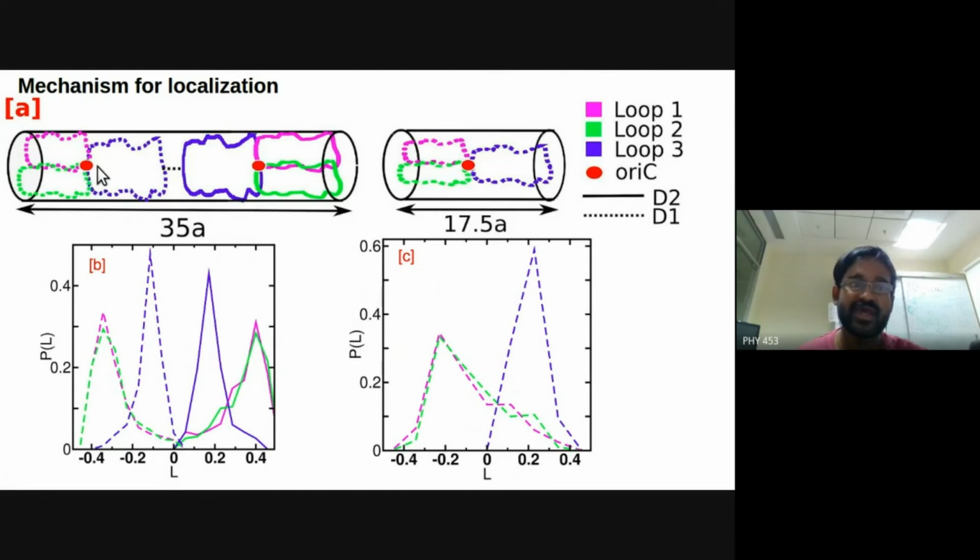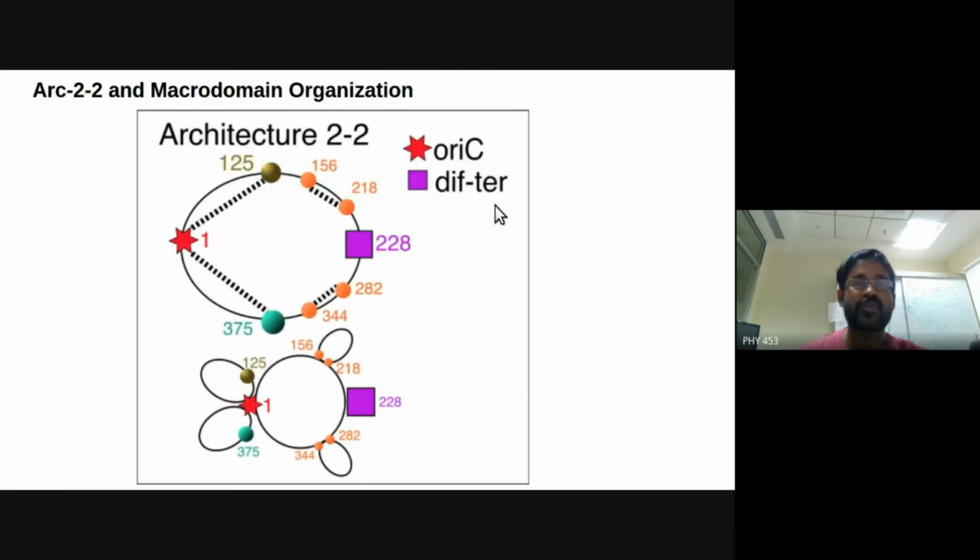Now, ODC, which happens to be the junction of these loops, gets localized to the quarters and the mid-cell position respectively, but other loci, which could be situated in any of these loops, are confined to particular regions along the cylindrical long axis of the cell. Now we already know that the E. coli chromosome is known to have a macrodomain-like organization.